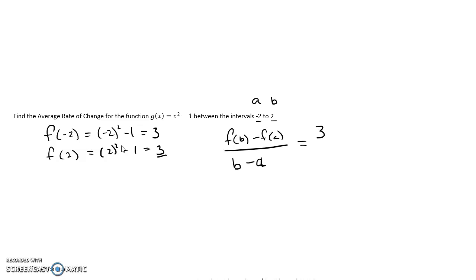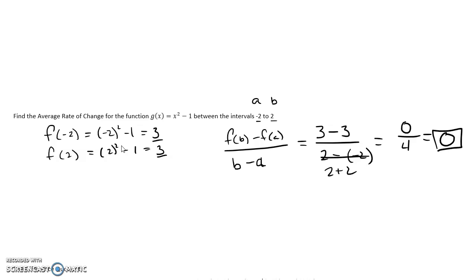So the first y value is 3, minus the other y value is also 3, over b was 2, minus a is -2. On top, 3 minus 3 is 0. On the bottom, 2 minus -2 is going to become 2 plus 2, right? And 2 plus 2 is 4. Now, 0 divided by 4 is 0. So the average rate of change between -2 and +2 is 0.